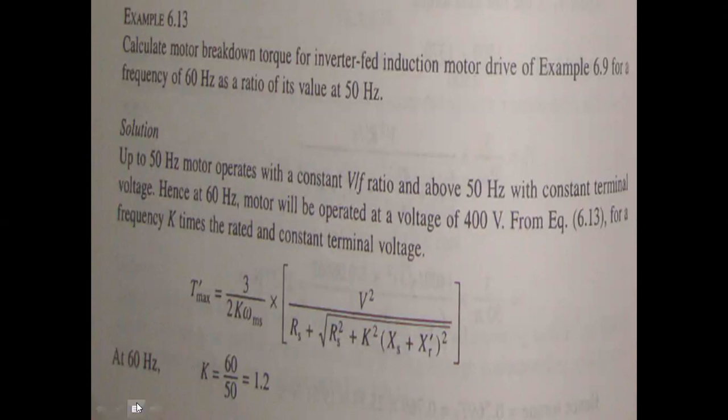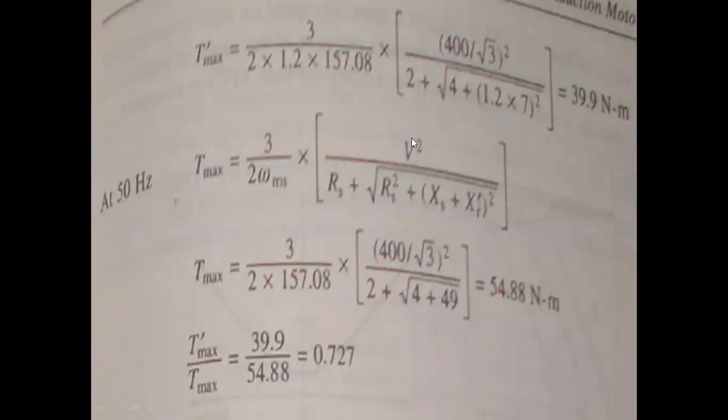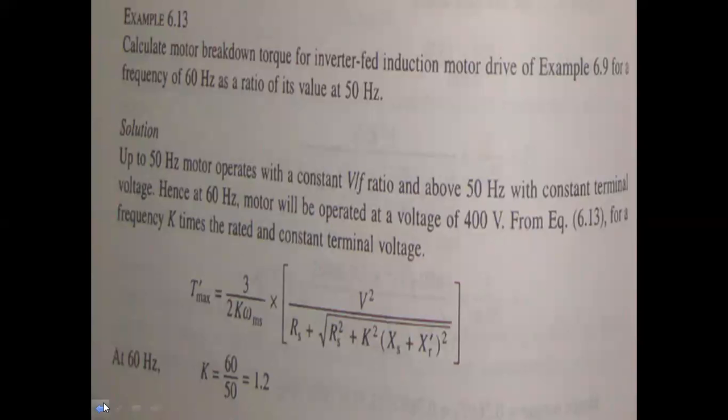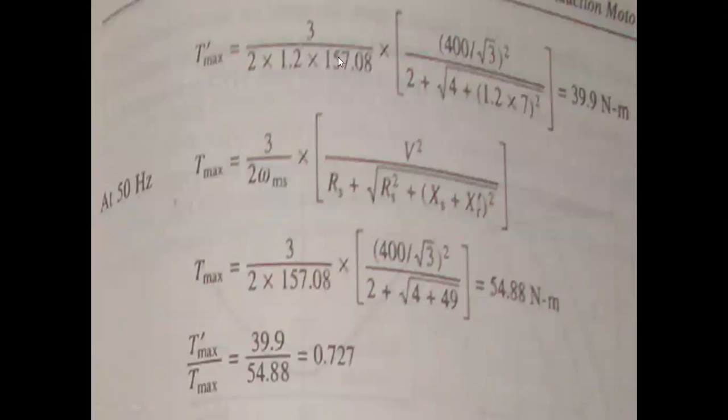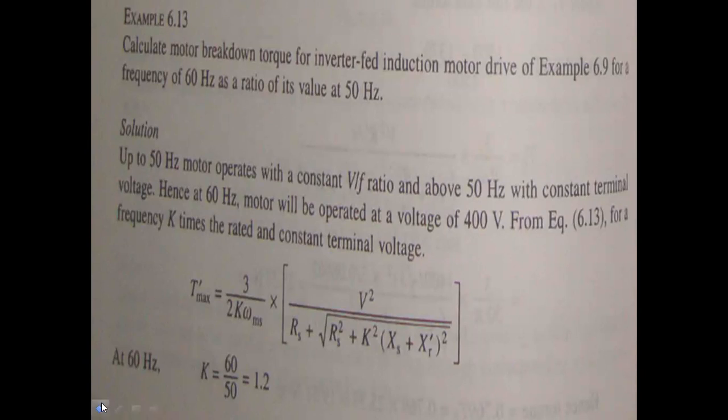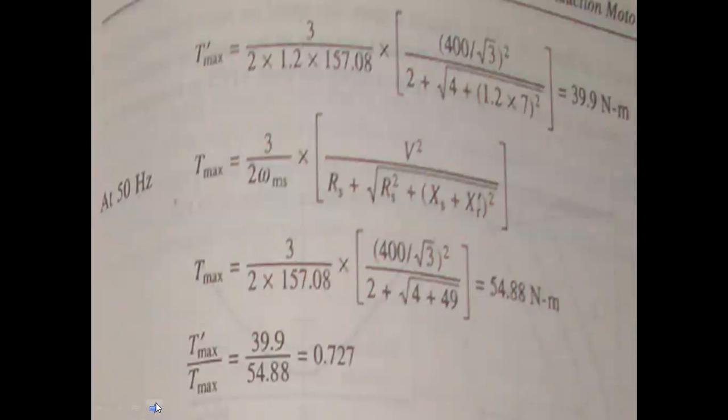Substituting all the known values, T max is equal to 3 by 2 into the K value 1.2 and omega MS 157.07, into the phase voltage, which is line voltage by root 3, so 400 by root 3 whole square, V square by 2 times RS. RS is given as 2, and K is 1.2, XS and XR dash are given in 6.9 as 1.2 and 7.